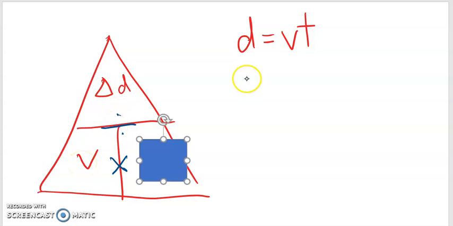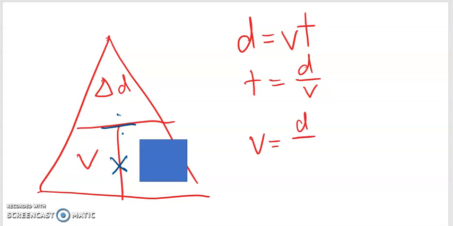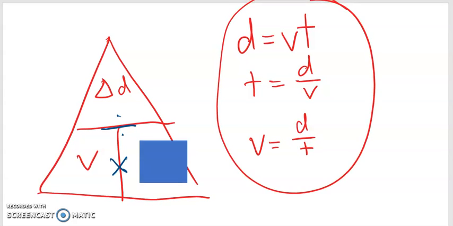So to calculate time, we do distance divided by velocity. So with one formula, v equals d divided by t, we've actually got three formulae we can use. Now let's put this into practice with an NCEA style question.